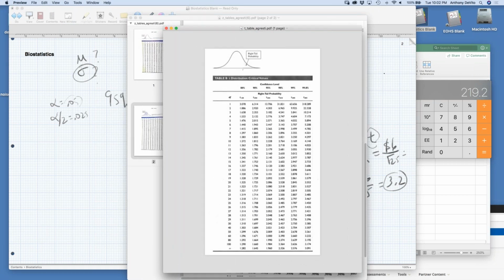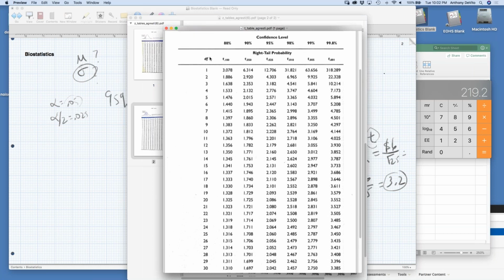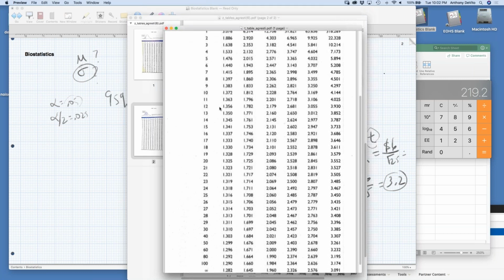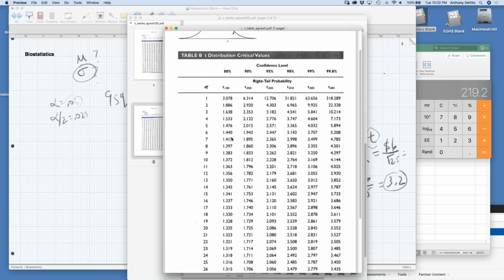Okay, so I'm going to have to look for the T value that I need. This column represents the degrees of freedom, which to us is basically the sample size minus 1. So our sample size is 25, so we're going to go down to 24 for our degrees of freedom. And the column that we're going to choose for our T value is the one for a 95% confidence interval.